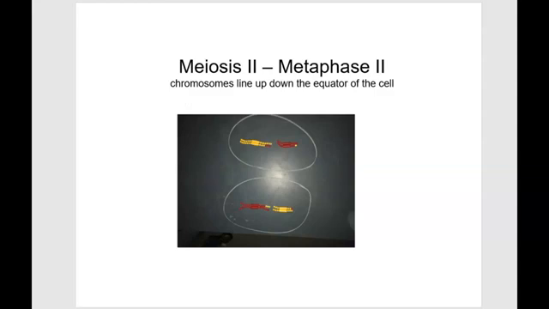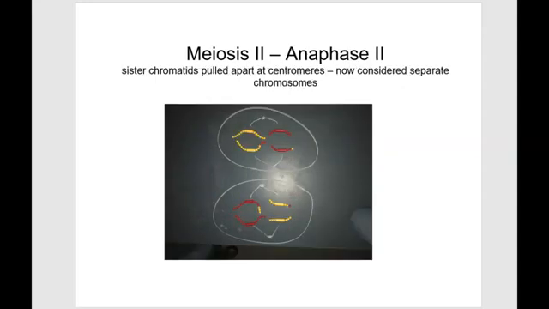So, the chromosomes line up along the equator of the cell again, but they're lining up single file. Again, a homologous chromosome can't line up with its pair. Its pair is already in a different cell. During anaphase 2, just like during mitosis, the sister chromatids are going to be pulled apart.